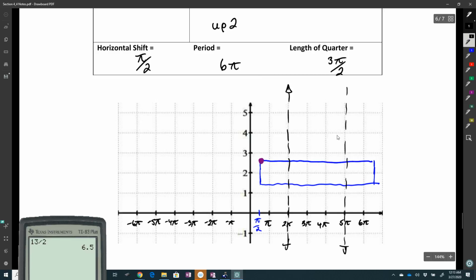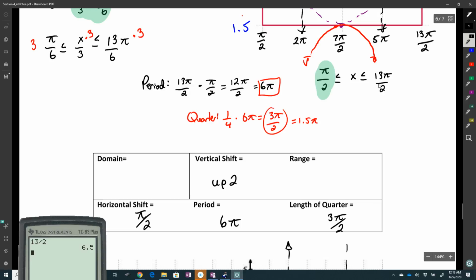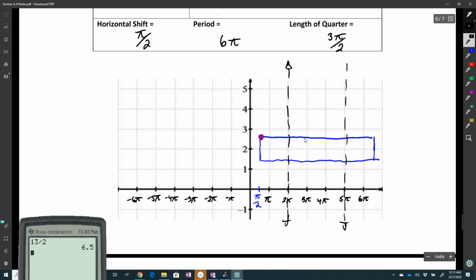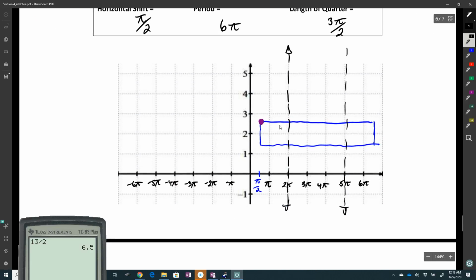So 3 pi over 2 is about 1.5. So every 1.5 is a tick mark here. 1.5, 1.5, 1.5. So my cosine, it's a very shallow cosine, but that's what it looks like.